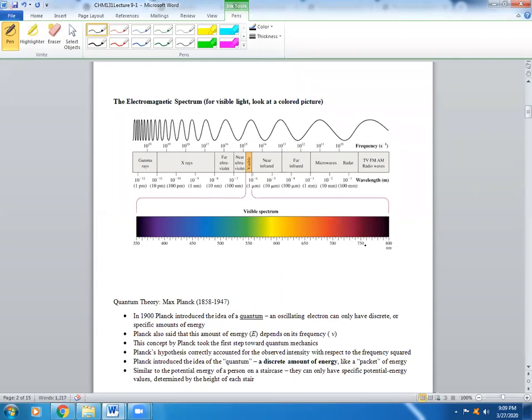That range is between 350 to 800 nanometers. We can say this is violet, just to make it simpler, and this is red. Red is lower in energy, violet is higher in energy.